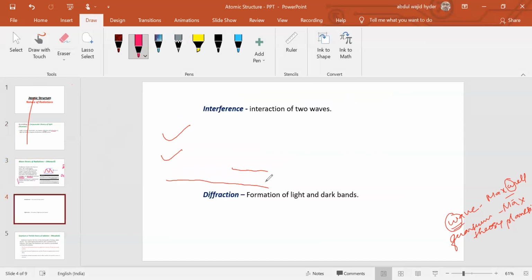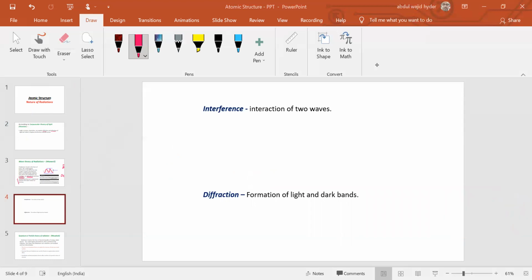Now the next, interference. See, this is one wave. This is one wave. And this is another wave.